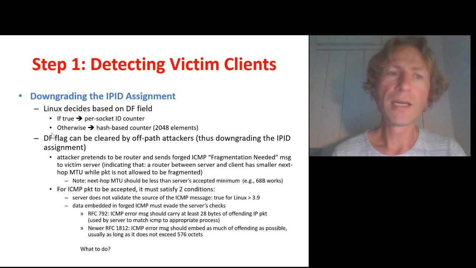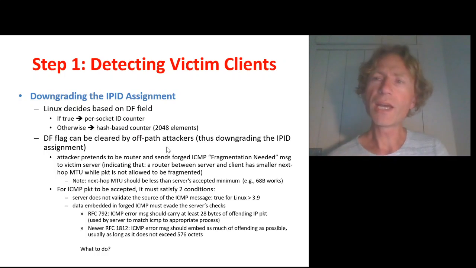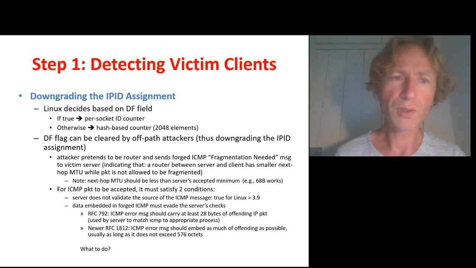Now, the interesting thing is that we can actually clear the DF flag, even as an off-path attacker, and then downgrade this IPID counter assignment by sending an ICMP message.